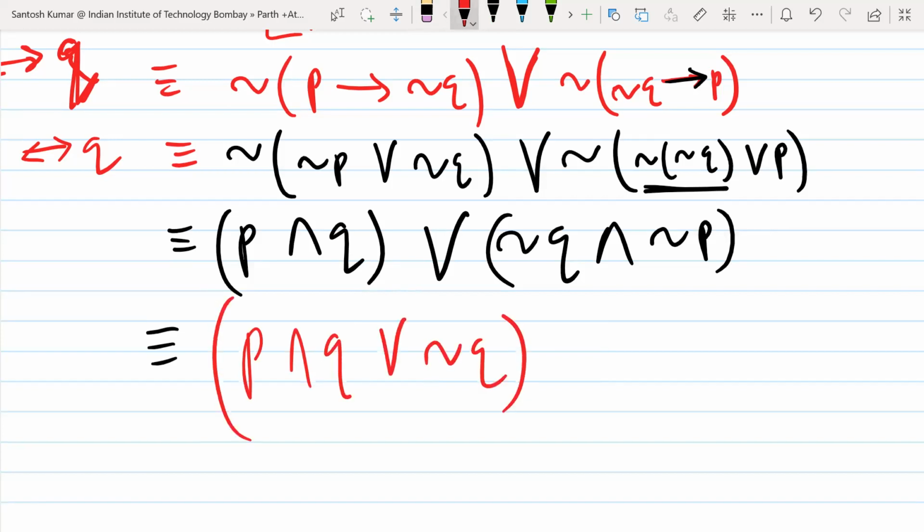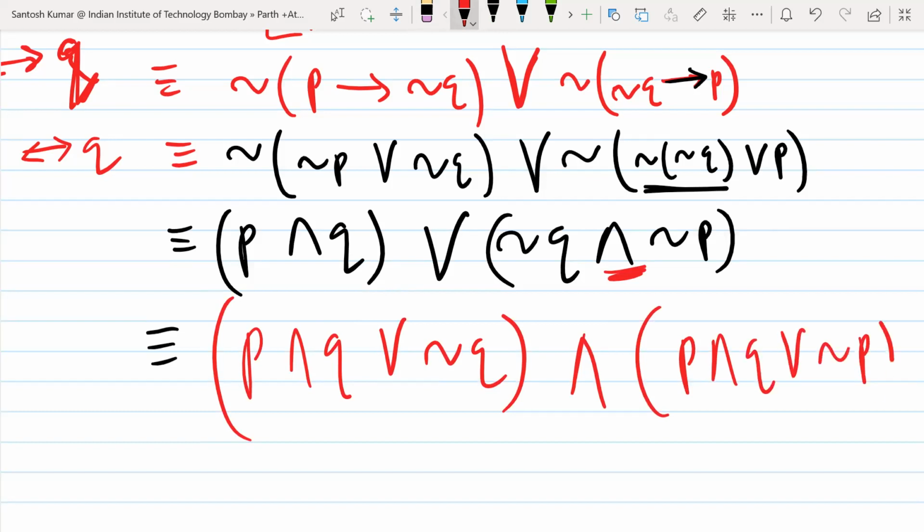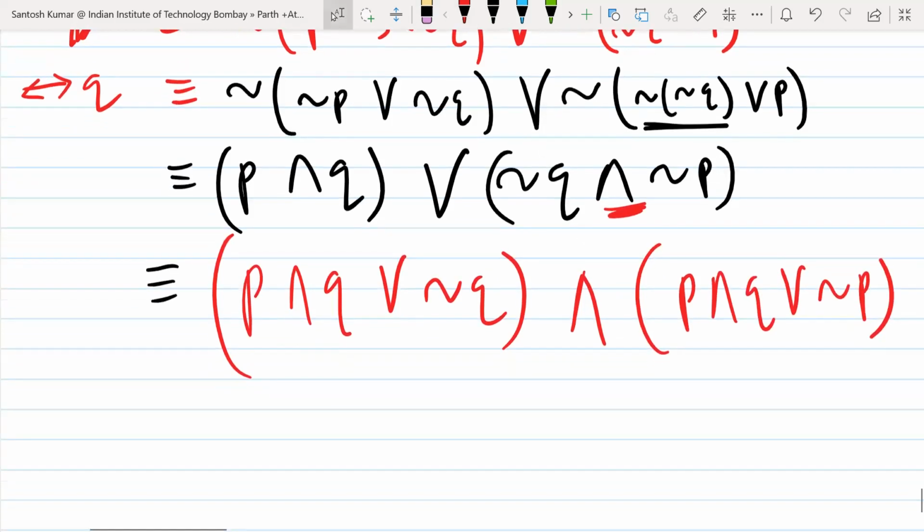And so this sign of middle will come in the middle. P and Q or not P. Now you see here, Q or not Q will be what? True.